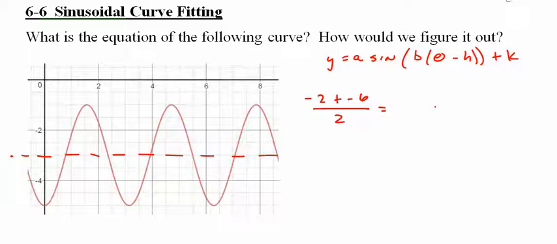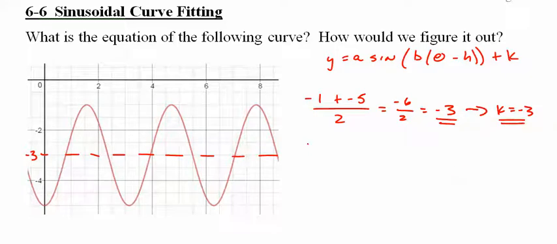So we find the peak and the valley on the y-axis, and it is not -1, 2. It's -1. And I went up 4 places, so I got -3. -1 plus, it's not -6 either, -5. -6 over 2, -3. That's my k.